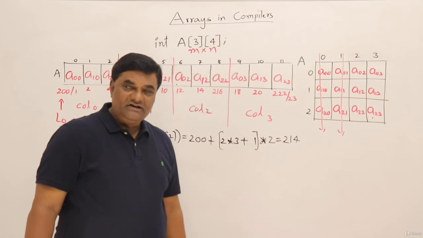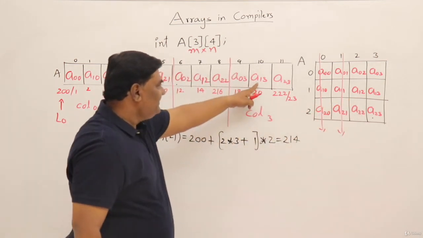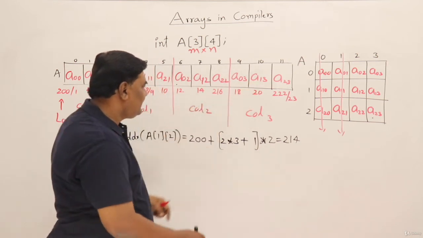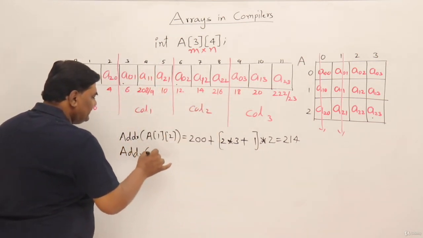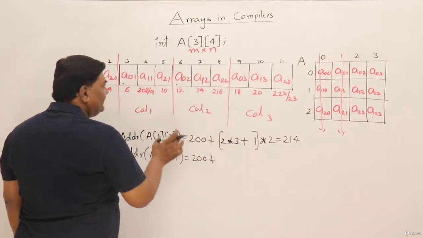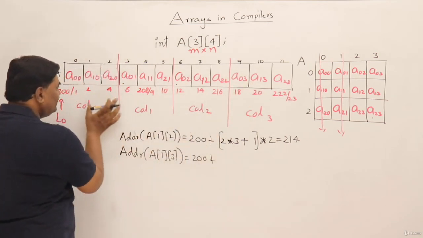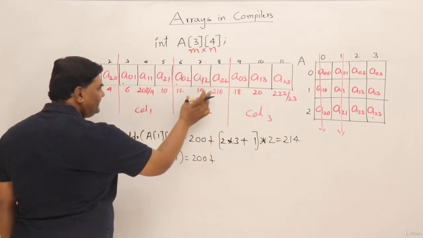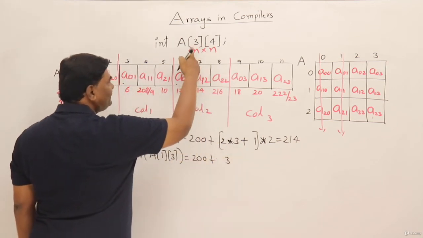Now let us take one more element, that is A[1][3]. [1][3] is here. So how to get the address of that one? The address of A[1][3] is 200 plus. Now I have to skip how many columns? I should go to the fourth column, so skip the 0th column, first column and second column. I have to skip 3 columns, and in each column how many elements are there?